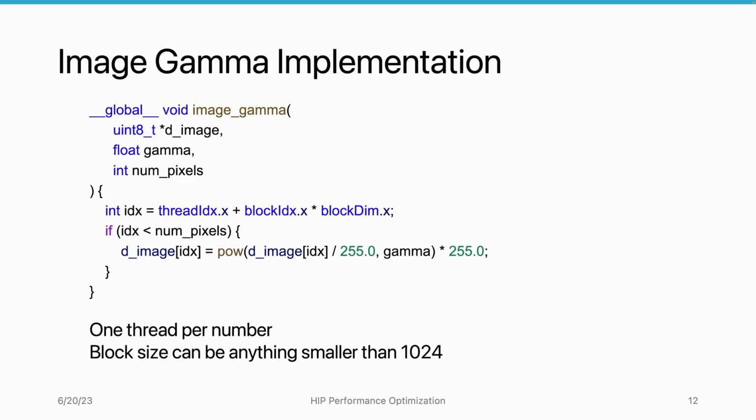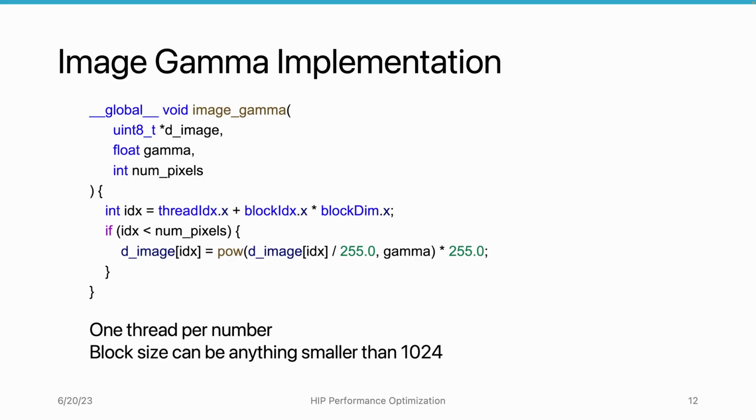From our previous videos, you may also write this type of implementation. Here, our assumption is we have 1 thread per number, per pixel or per channel. Then the block size can be anything up to 1024. You can set it to 32, 64, 256, or 512.